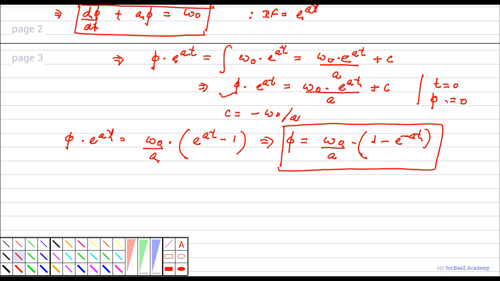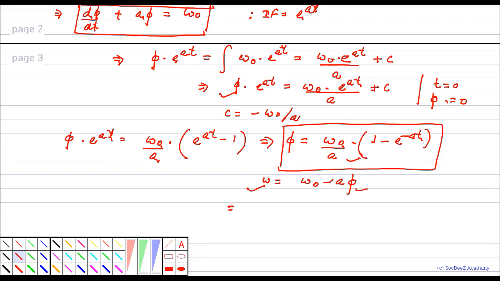So I know the expression of angular displacement as a function of time, and I have been given that the angular velocity is omega naught minus a phi. So in order to find the expression of angular velocity as a function of time, I need to replace phi with this expression here.